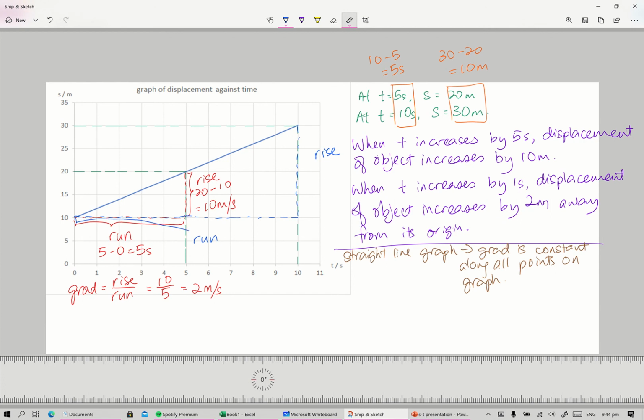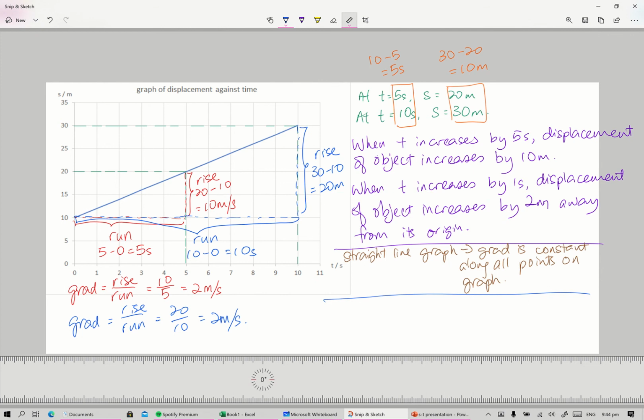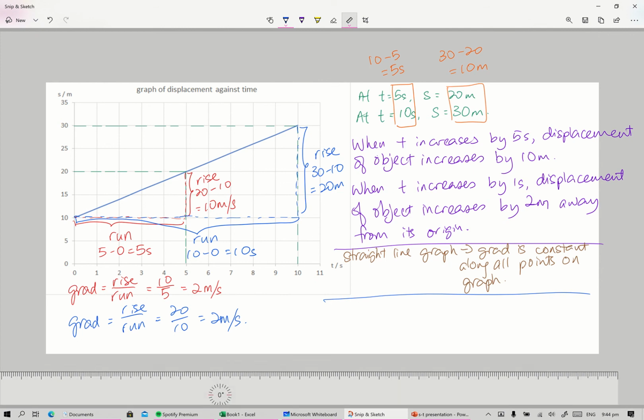The run is from 0 to 10 seconds, so it's 10 minus 0 equals 10 seconds. The rise is from 10 meters to 30 meters, so 30 minus 10 equals 20 meters. So gradient equals rise over run equals 20 over 10 equals 2 meters per second. So it's constant.